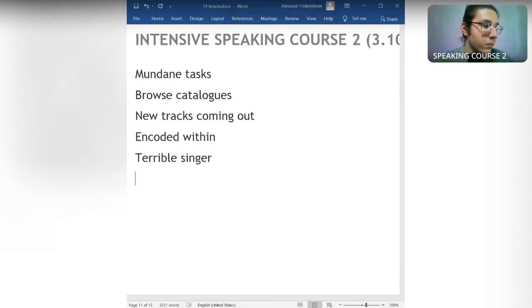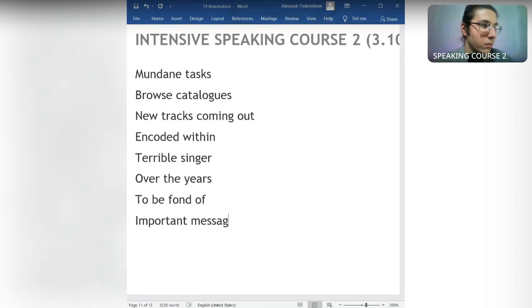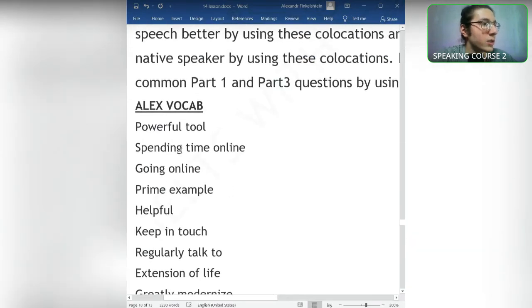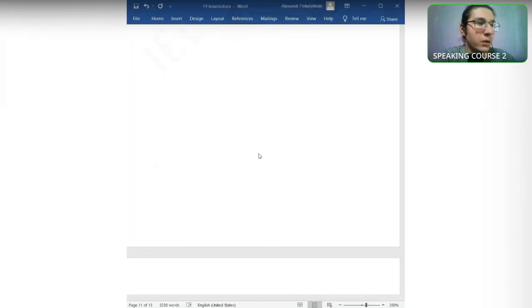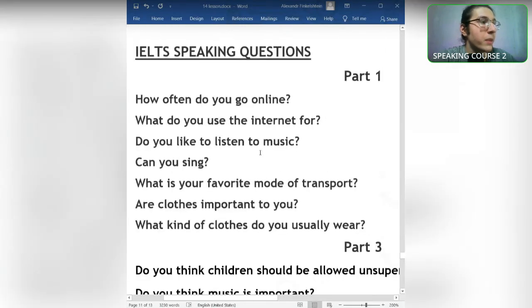So, to be fond of rapping, important message encoded within it, yeah? You wrote this. And encoded within. So yeah, we're gonna go over that. Also, for one of the questions, I forgot which one it was, I said over the years, which is also a very cool collocation, just so you guys know. All right, thank you so much. Okay, let's move on to the next person. Next question. So, person for the next question, please get ready.